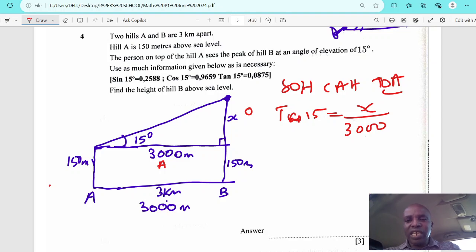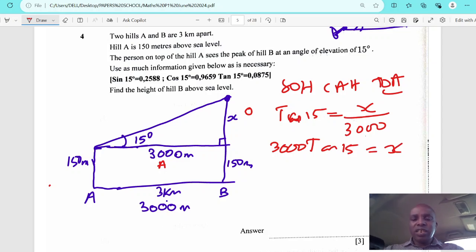Then cross multiply: 3,000 tan 15 equals X. Then you take 3,000 times tan 15, which is 0.0875, equals X.